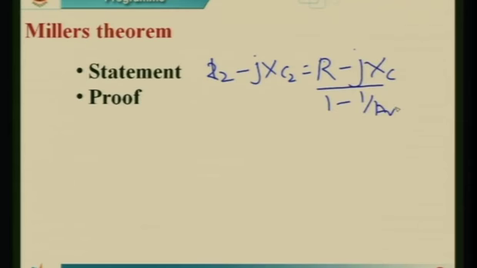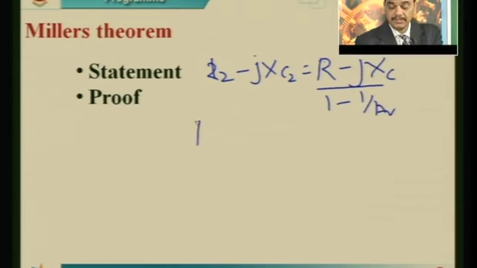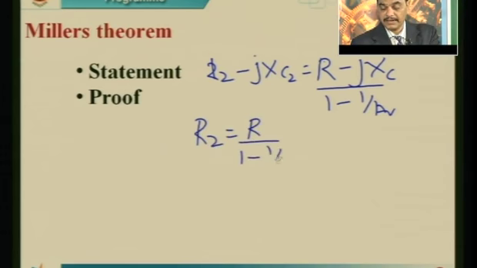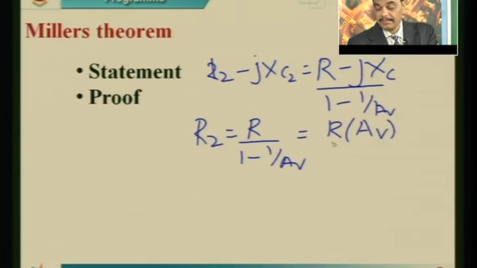Comparing the real and imaginary terms, for a pure resistance you get R divided by 1 minus 1 by Av, which is equal to R into Av divided by Av minus 1.